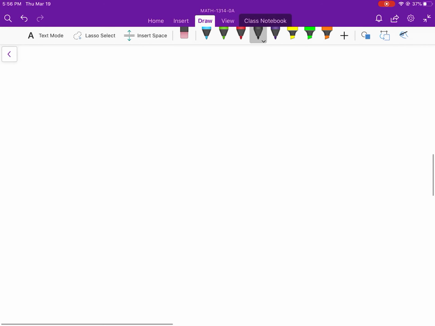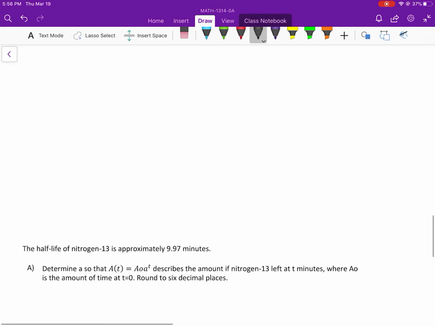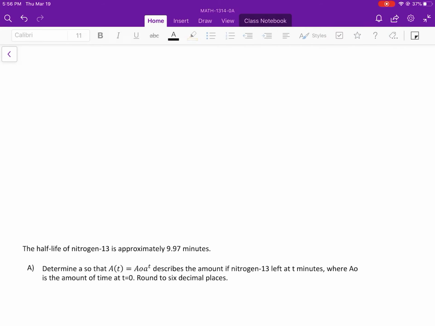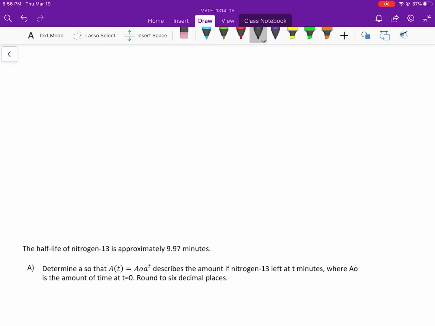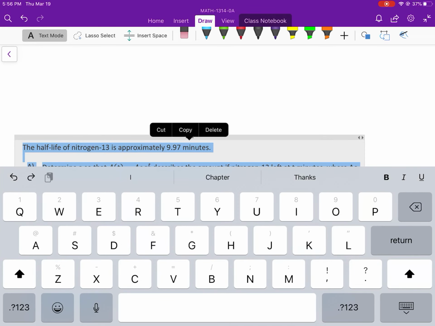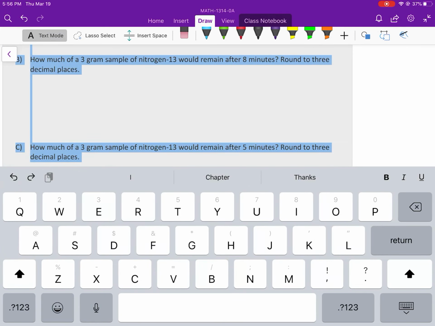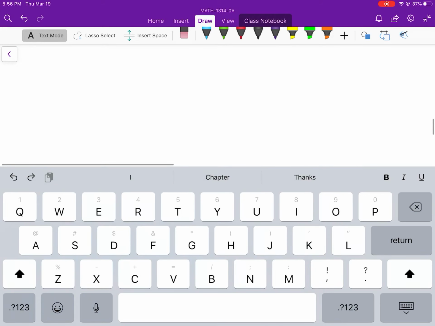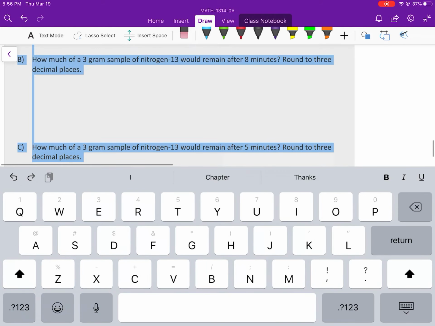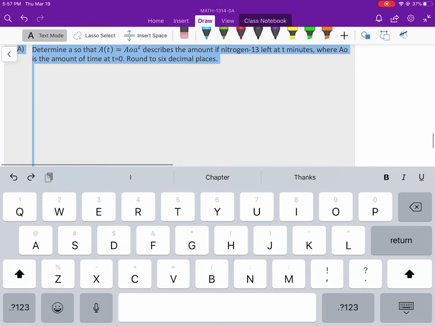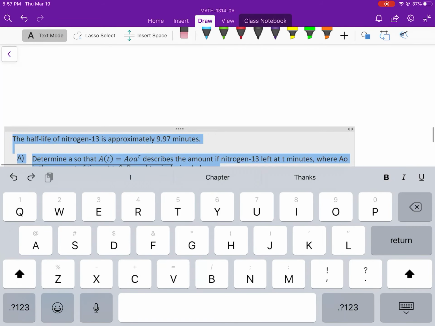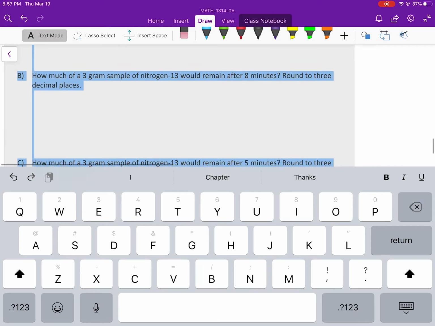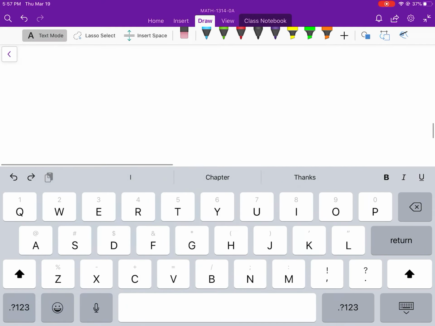Now I saved the hardest question last. See if I can drag this up just a little bit, so it's not so far down. The reason I'm doing it now is because if I write on the screen, it's not going to move up my text.